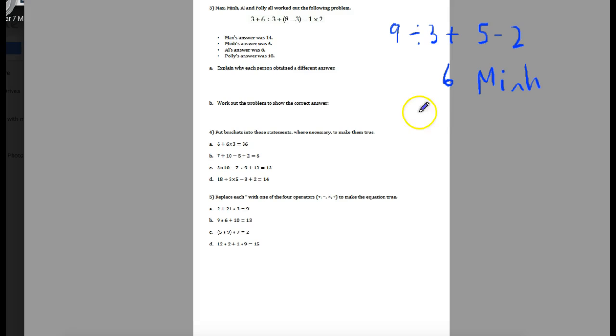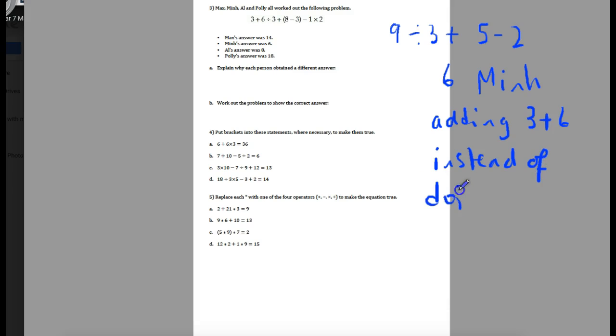So you can say here, Min made the mistake of adding 3 and 6 instead of doing 6 divided by 3 first. Okay, so just showing a bit of understanding about the error that Min made. And you need to do the rest for Max, Al and Polly. So maybe someone did the takeaway first and then multiplied it by 2. I assume that would probably be one of the answers.